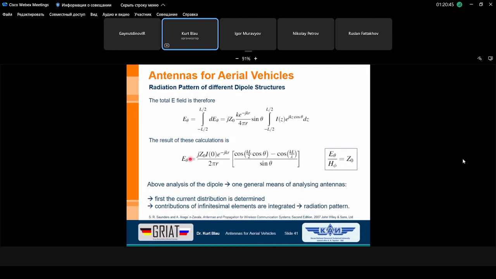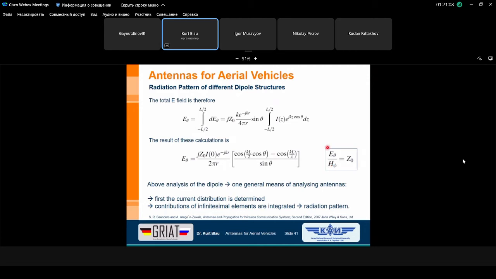Here this we know already, and the rectangular brackets now consider our current distribution. Again here is written the relation between the theta component of the E field and the phi component of H.